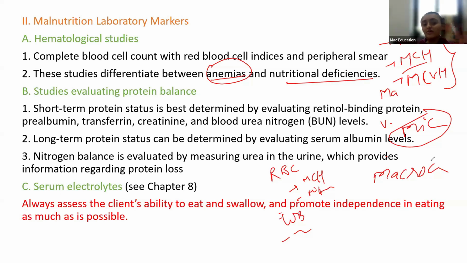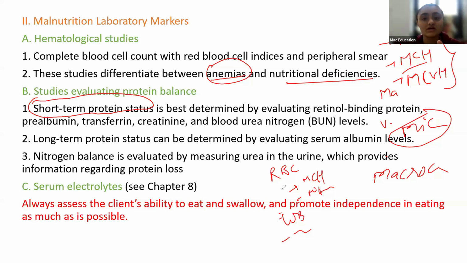Next study is evaluating protein balance. How will you identify the protein balance of a person? Short-term protein status is best determined by evaluating retinol binding protein, prealbumin, transferrin, creatinine, and BUN levels. These are the blood tests through which we can identify short-term protein status. For example, there are two types of blood test for the glucose level, FBS and HbA1c.